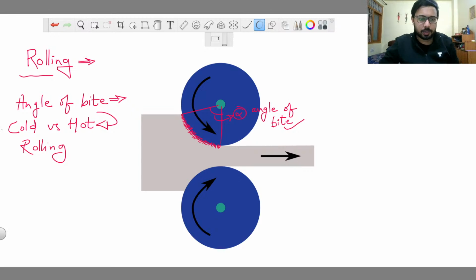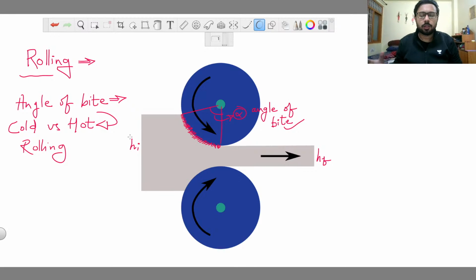If our initial height is hi and our final height is hf, then the difference between hi and hf, that is the reduction, will be less for cold rolling because of strain hardening, which decreases the ductility, and malleability will also be decreased.